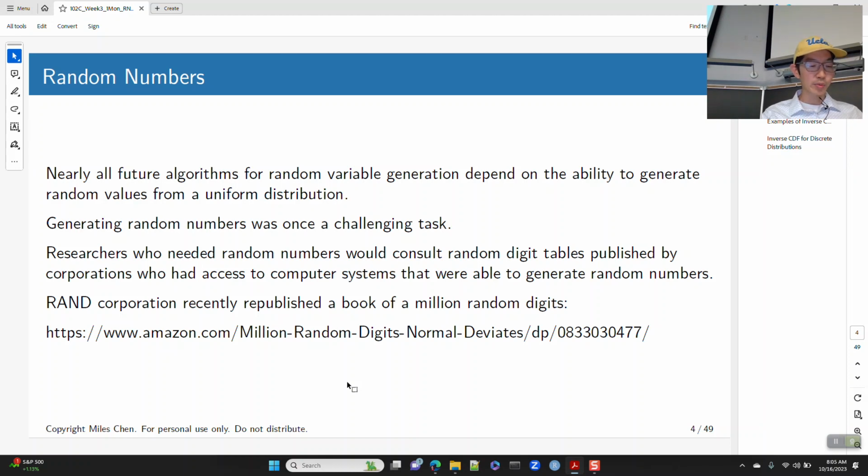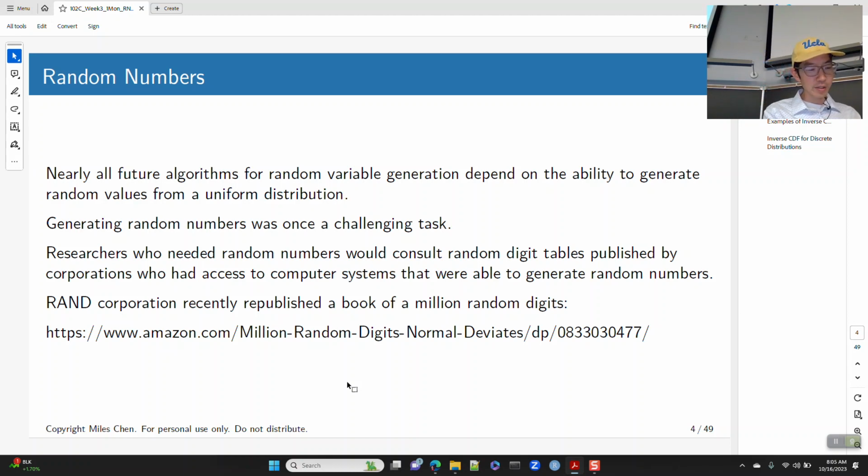So we will start with the assumption that somewhere in our computer we have a function, like runif in R, to generate uniform random values. If you go on Python, you do random and stuff like that. We're just going to assume our computer can generate random values.